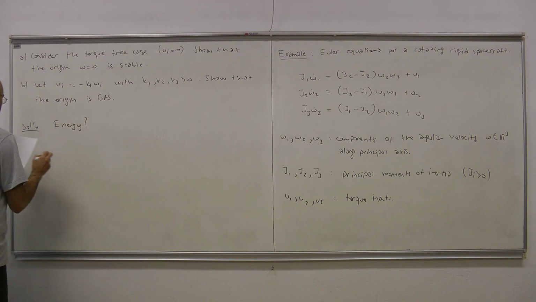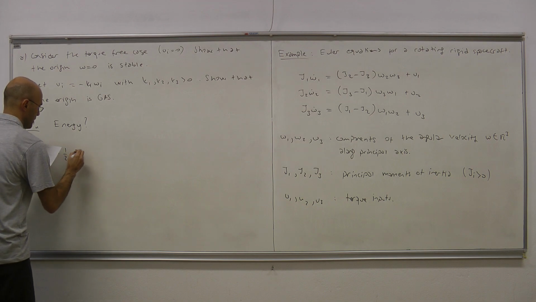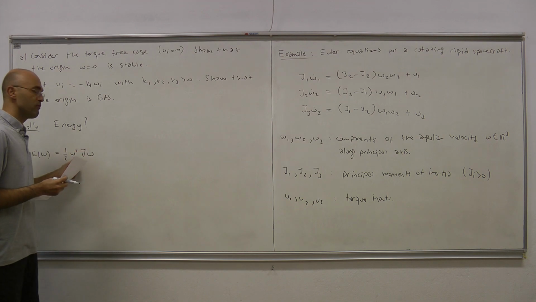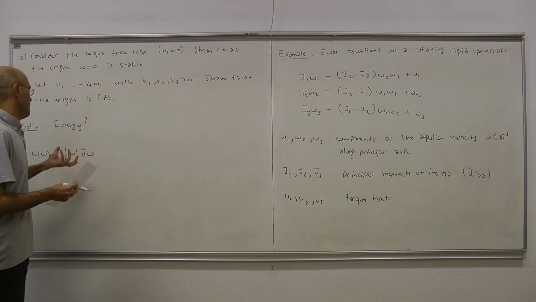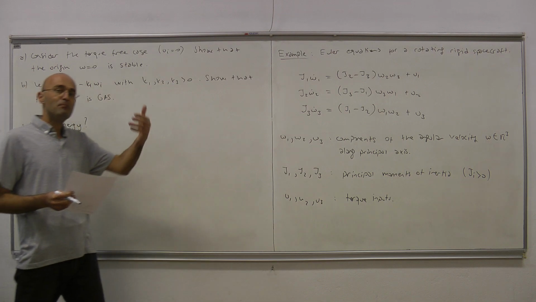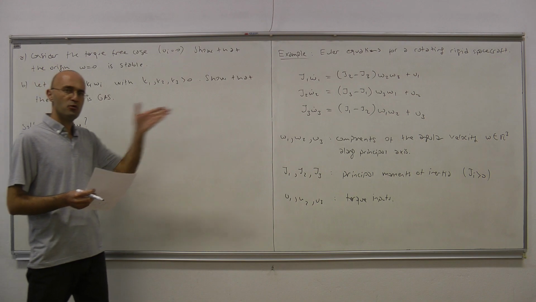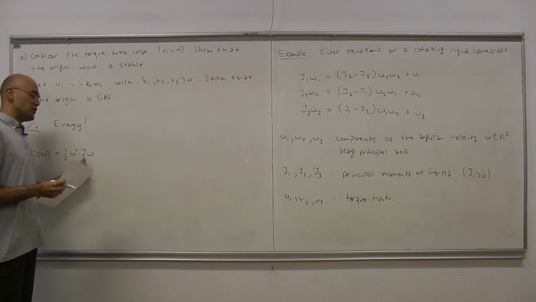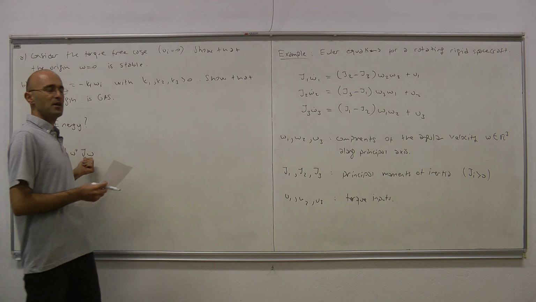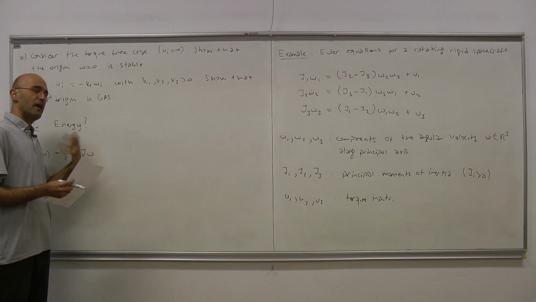And what's the energy for the system? It is given as 1/2 omega transpose J omega. That is a generalization, or analogous to the case 1/2 m v squared for a mass that moves on a straight line. Then m is replaced by this inertia matrix, and the velocity is replaced by the angular velocity.